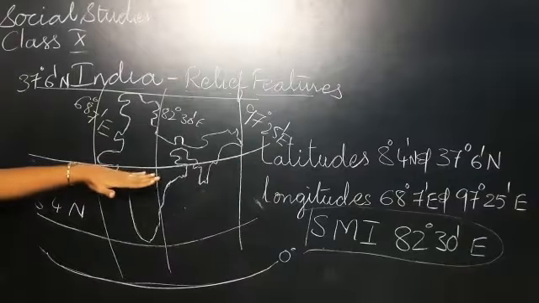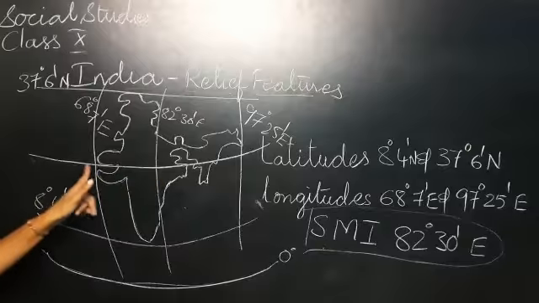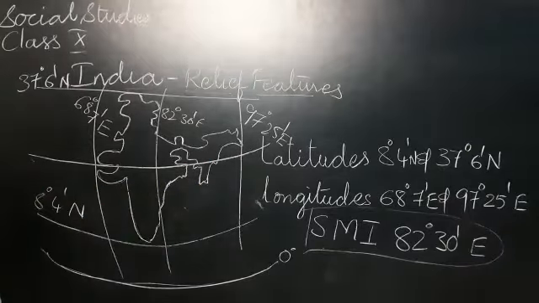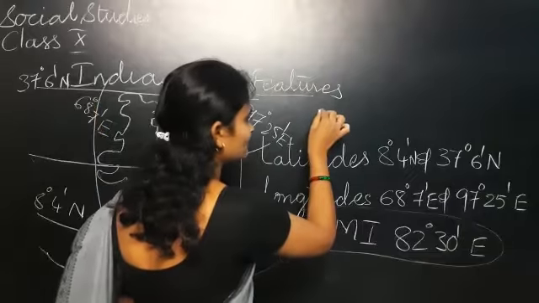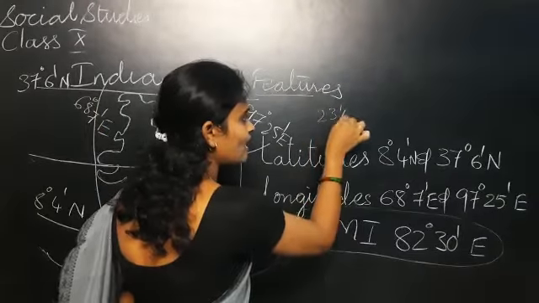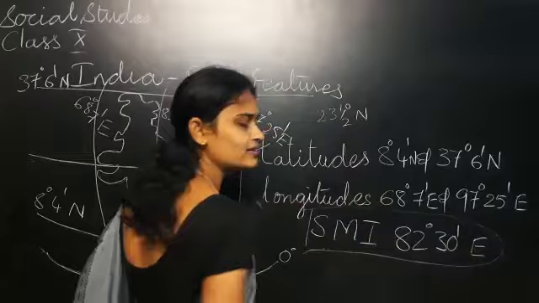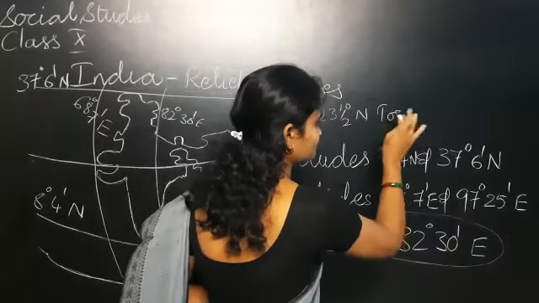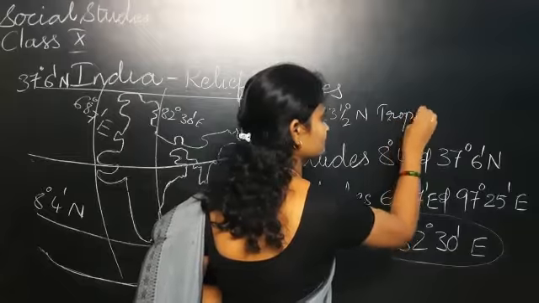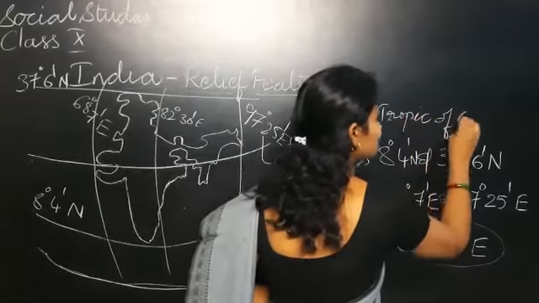One of the important latitudes passes through the middle of India. What is that? 23.5 degrees northern latitude, that is Tropic of Cancer.